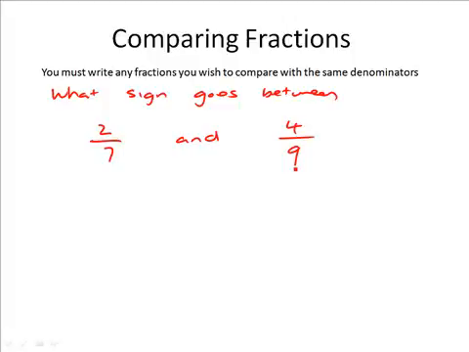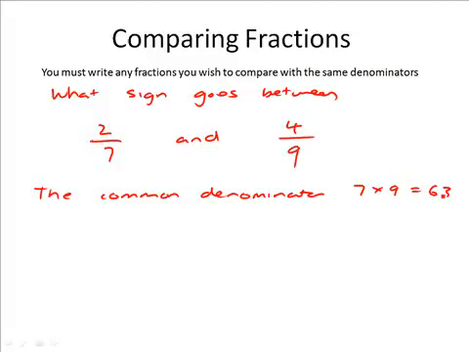What you need to think about is making equivalent fractions to start off with. We know a common denominator will be 7 times 9. That will always be a common denominator. If I multiply my two denominators, that will always give me a common denominator.